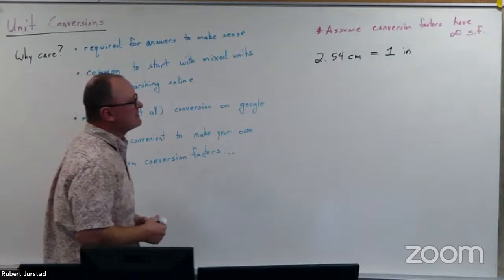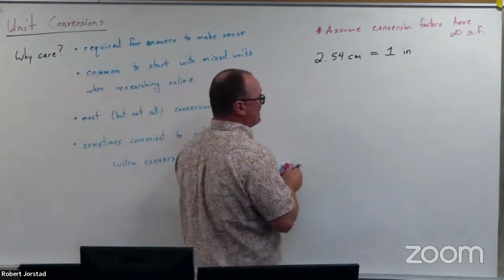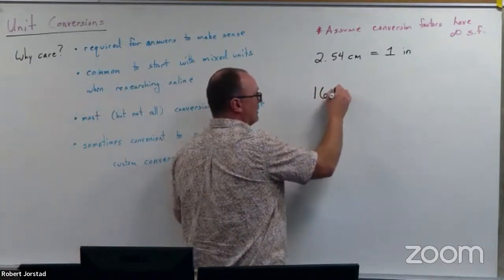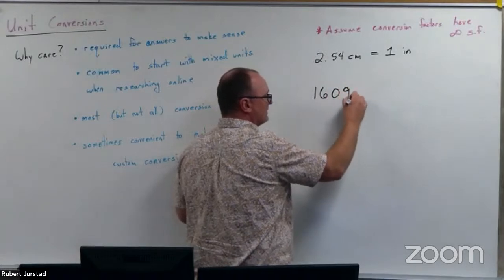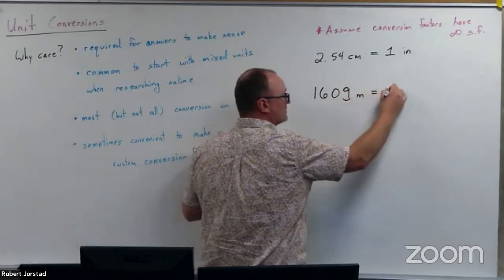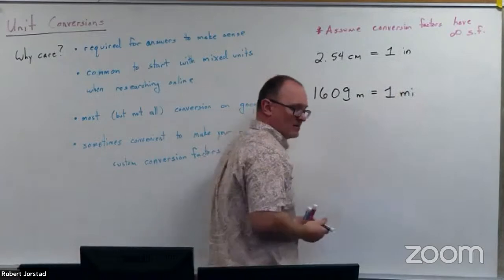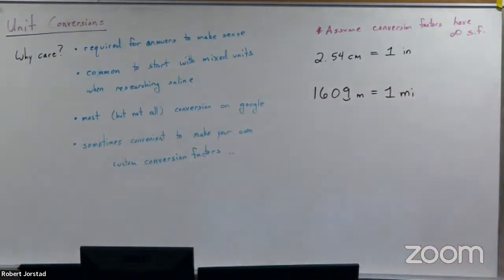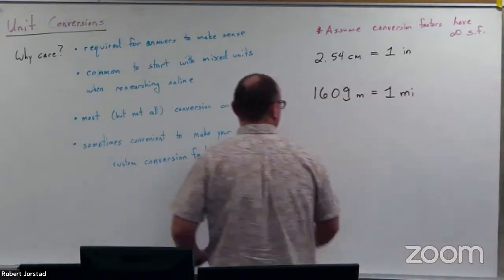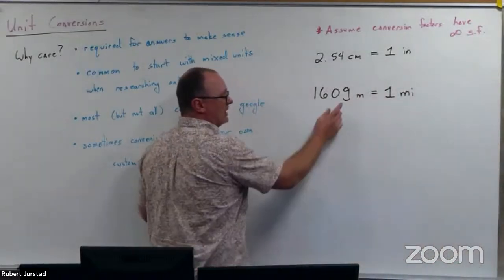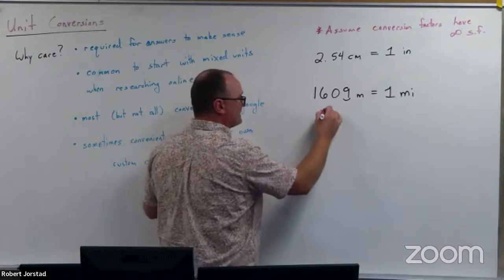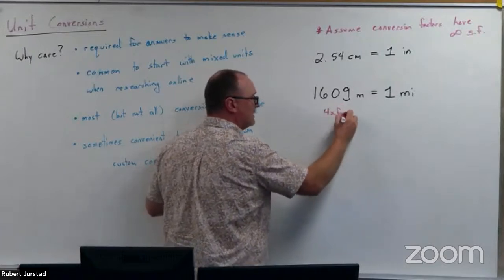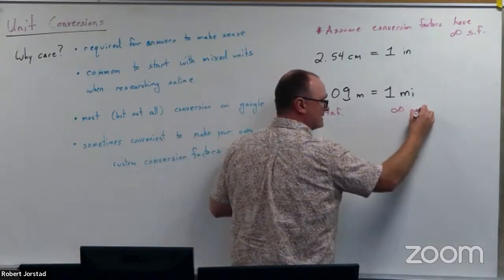In rare cases, if it's actually specified, like 1609 meters is 1 mile, if I'm not mistaken, I want to make sure I get this right. Yeah. So sometimes I will give a conversion factor like this one, where I will underline it. And in this case, this has 4 sig figs, and this has infinite sig figs.